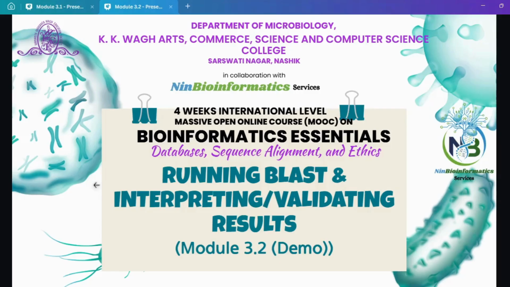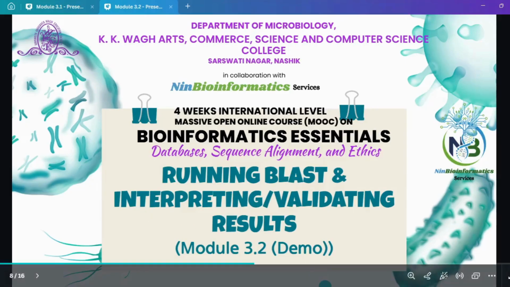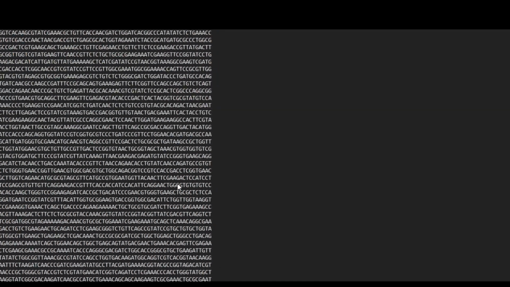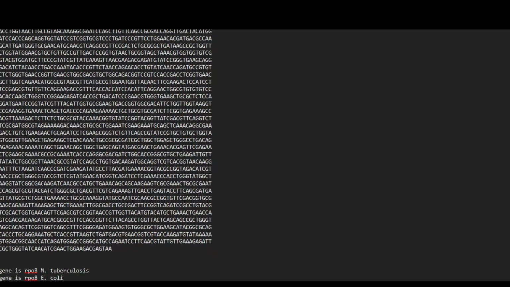In the last video, we ran BLAST for one sequence, which I had taken from the RPOB gene of Mycobacterium tuberculosis. Here I have made a note: unknown one gene. The first gene is RPOB of Mycobacterium tuberculosis.